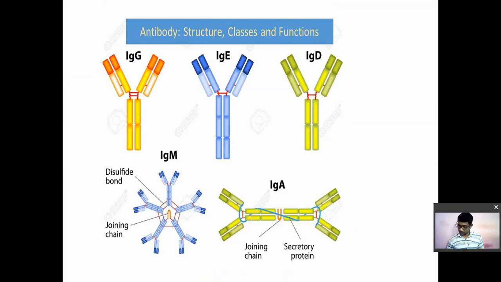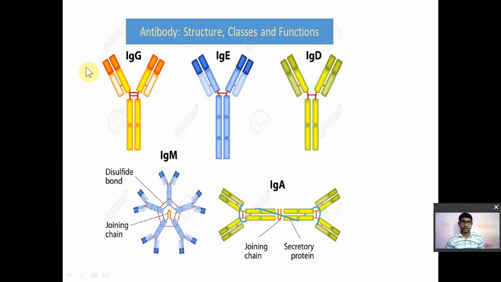My dear students, as you can see in this diagram, a graphical representation of the different types of immunoglobulins or antibodies. So first of all, what do you mean by antibody? An antibody is a protein that is synthesized by our immune system against an infection. If you get an infection, it is a foreign protein that acts as an antigen, and against that your immune system will synthesize antibodies, and these are nothing but the immunoglobulins.